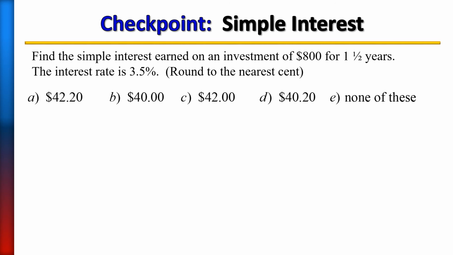Just a little hint: for the time, you're going to plug in 1.5. For the interest rate, that's 3.5, and when you move that over as a decimal, you're going to get 0.035. That's what you're going to use to key in. So go ahead and finish calculating it, and I will continue in a moment.